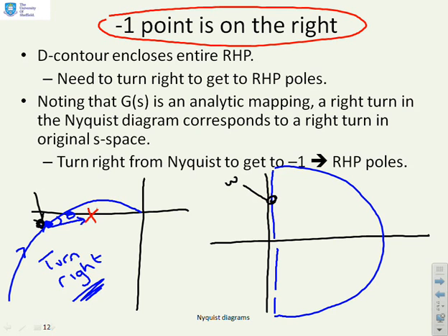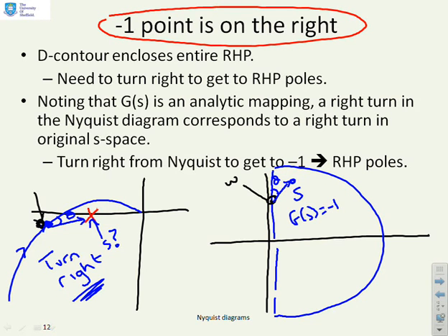So what we've said is if you have a conformal mapping, we've got to turn through the same angle and in the same sense. So in order to find the value of S that corresponds to -1, we have to turn in the same sense. So there we go, we've turned through an angle theta, and we get to this value of S, which corresponds to G of S equals -1.